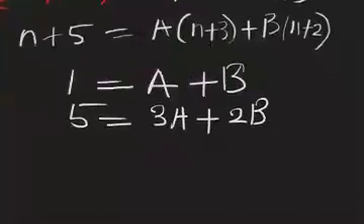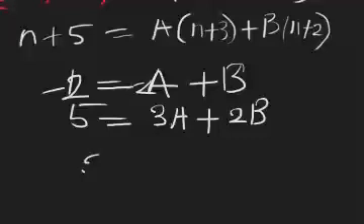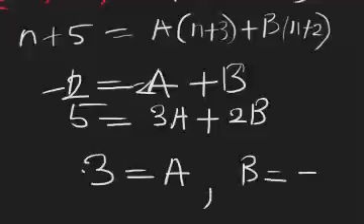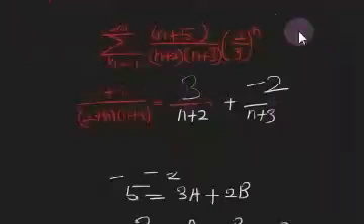I multiply the first equation by negative 2, then I add both equations, then a equals 3 and b is equal to negative 2, right? So these are the partial fractions.